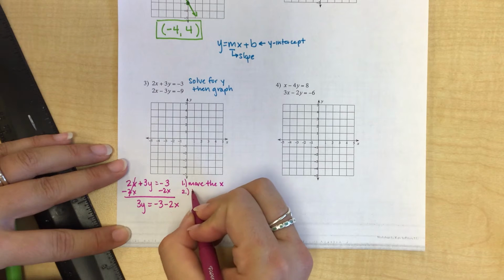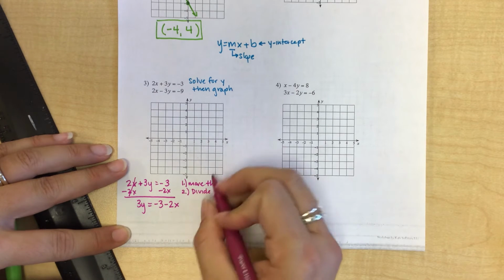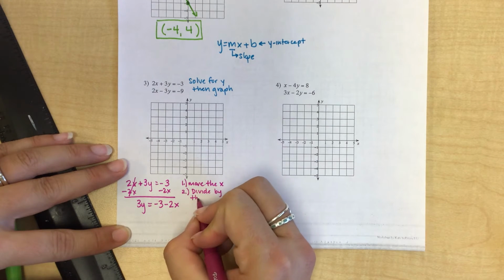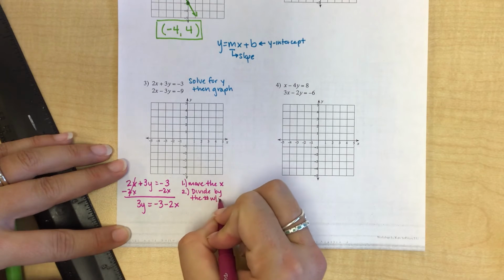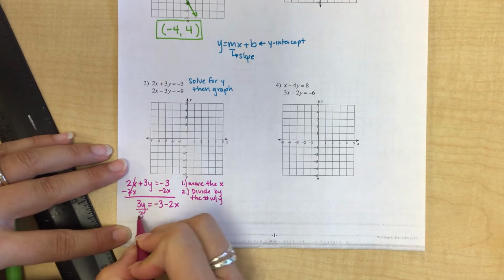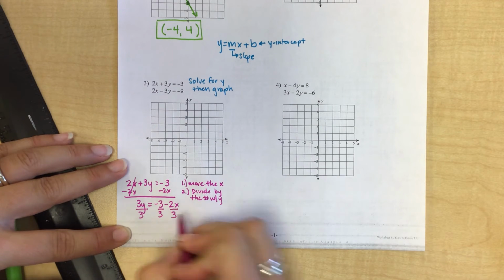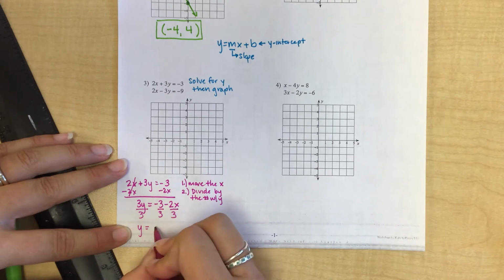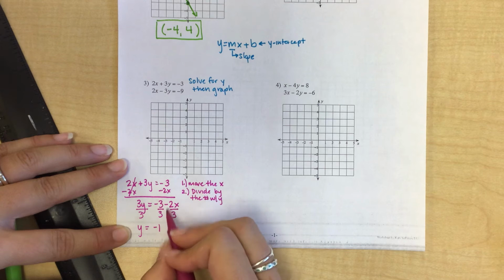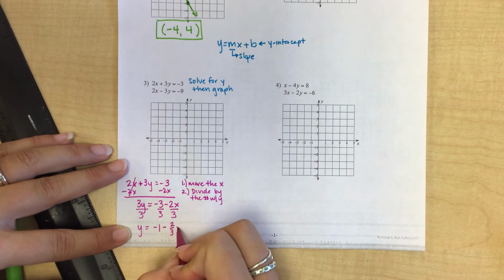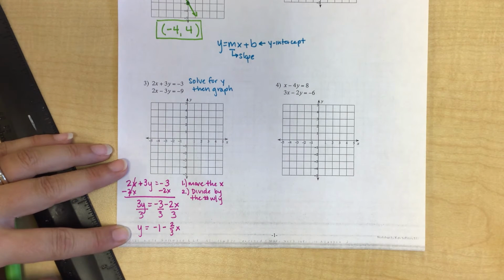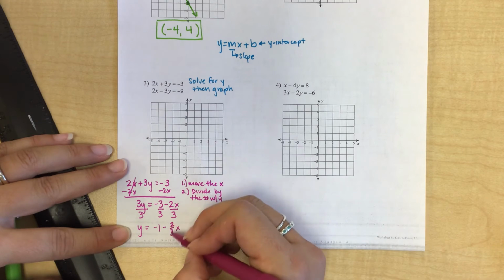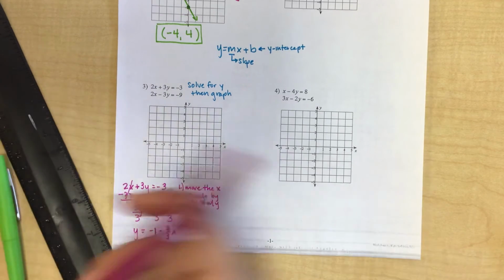Step 2, you divide by the number with y. So I'm going to divide by 3, and we divide every piece by 3. So then we have y equals -3 over 3 is -1 minus 2/3 x. Okay, remember we don't do decimals, so it's going to stay like that.